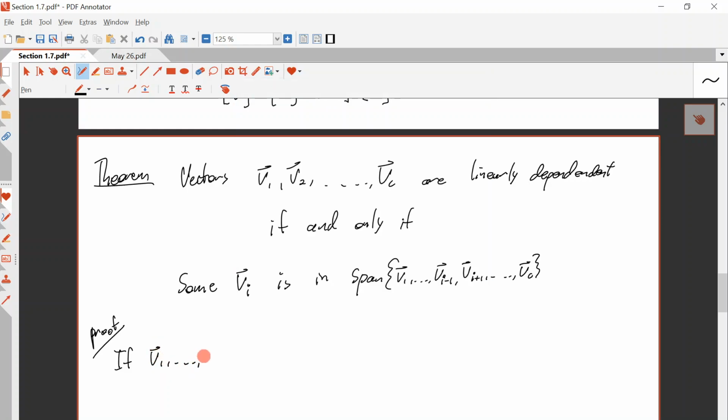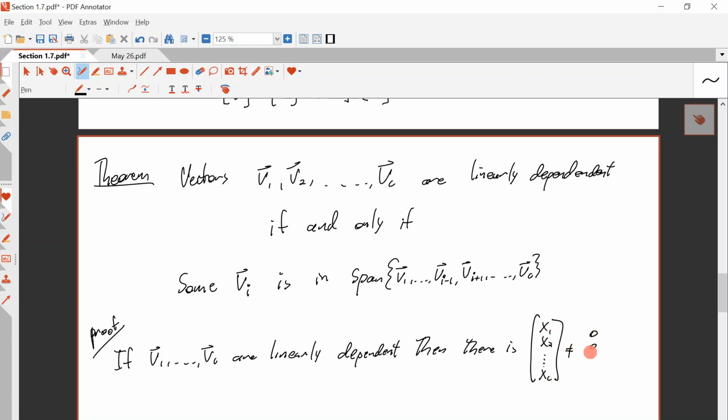v1 to vc are linearly dependent, then there is x1, x2, up to xc not equal to 0, 0, 0, right?